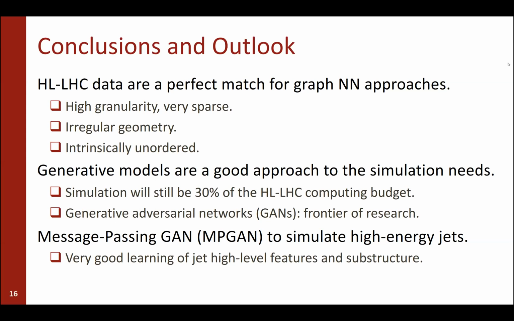We know that reconstruction is also going to be problematic, but simulation will still be 30%. We cannot just ignore it. We believe that GANs are a frontier of research, and we propose the message passing GAN to simulate high energy jets. We show that it can learn at a very high level both the high level features and the substructure.